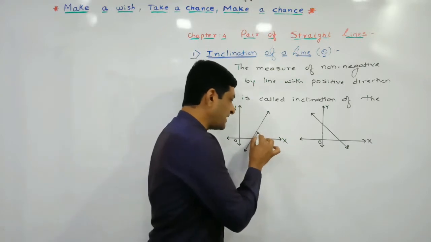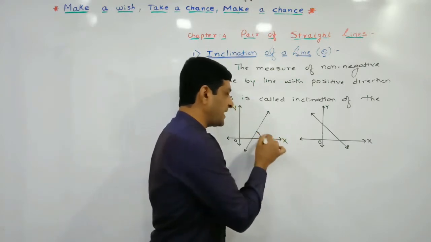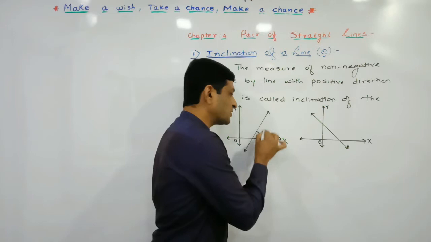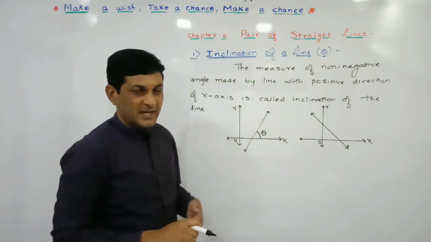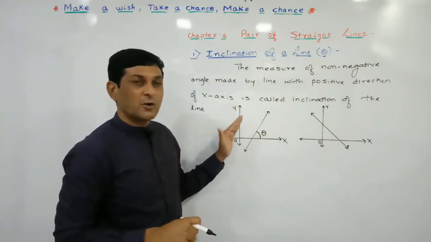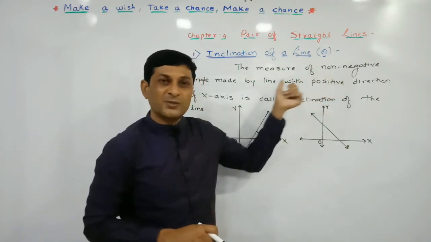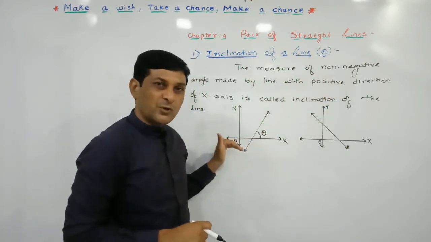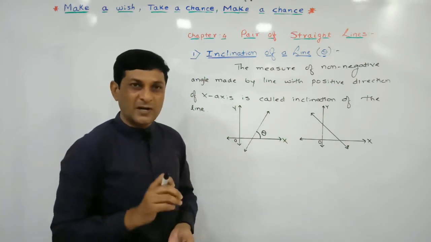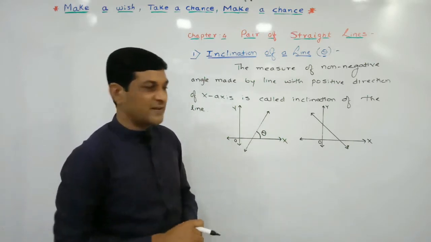So this angle made by the line with the positive direction of x-axis is called the inclination of a line. And since this angle is made in anti-clockwise direction, the angle is non-negative. Very simple definition.